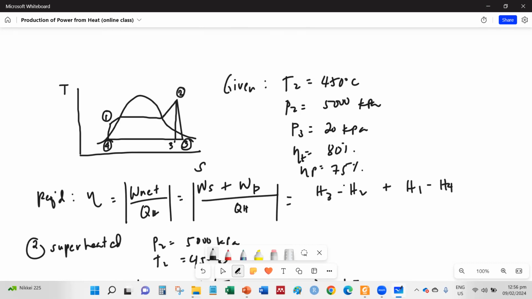This is the work of the turbine, and this is the work required by the pump. And then QH is simply H2 minus H1. The mass of the flowing stream got cancelled. That's why we're looking for all the H's for all of the steps.